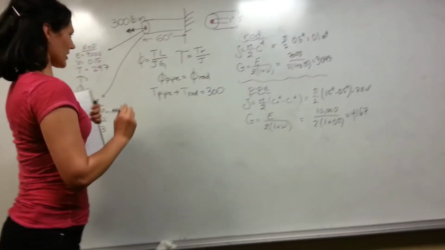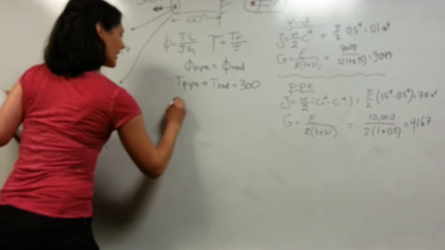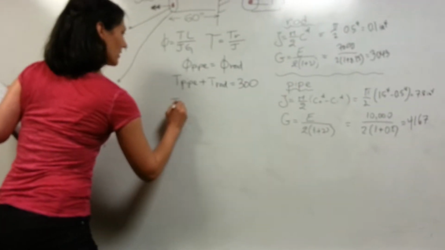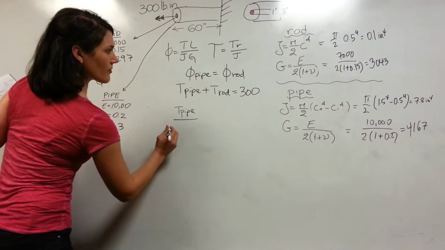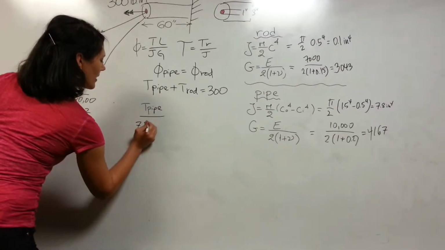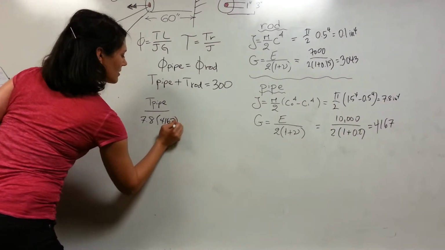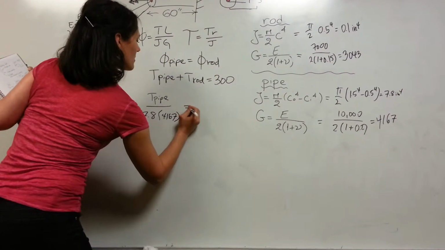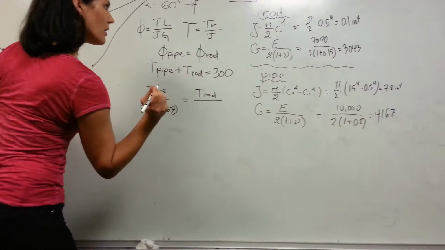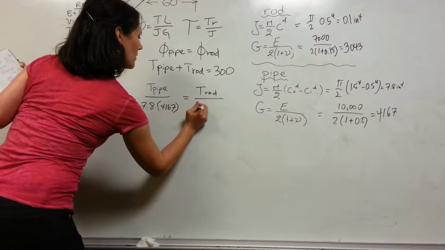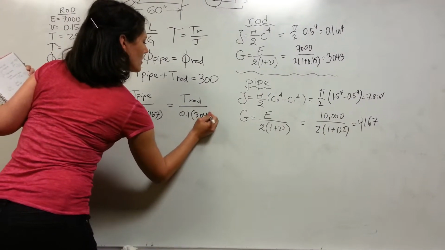Now we'll come back over here, where we don't know the amount of torque taken by each material yet. So we have the torque of the pipe over J and G. Pipe, 7.8 times 4,167, is equal to the torque of the rod divided by 0.1 times the 3,043.